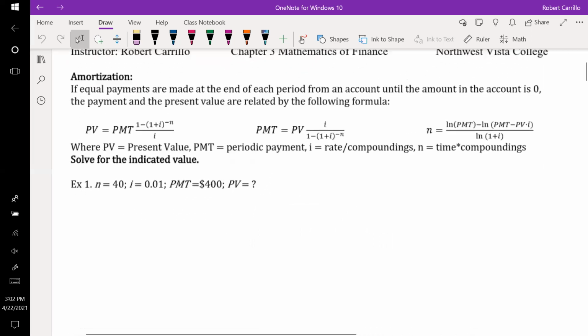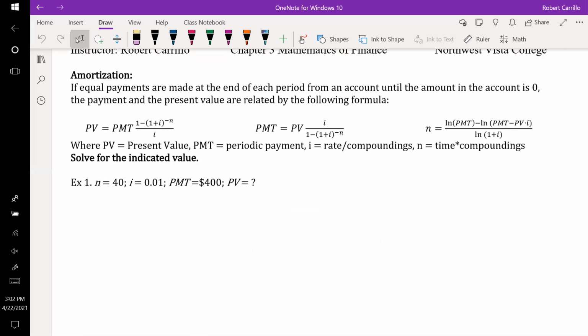Okay. So here are the formulas for amortization. PV, present value, is equal to the payment times 1 minus 1 plus I to the negative n over I. And then payment is equal to present value times I over 1 minus 1 plus I to the negative n.